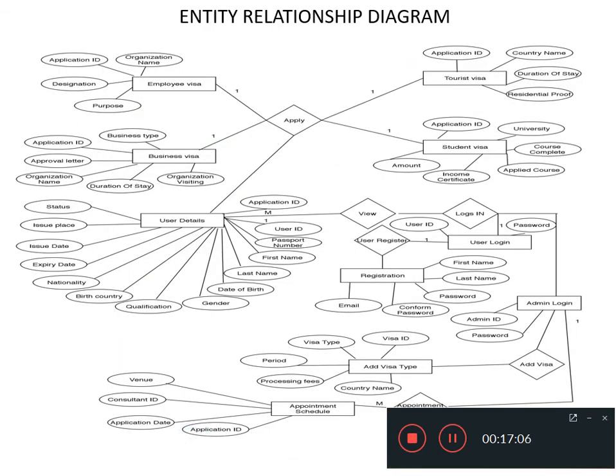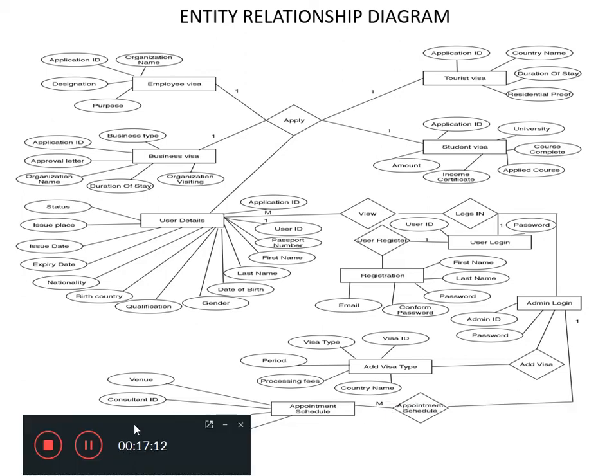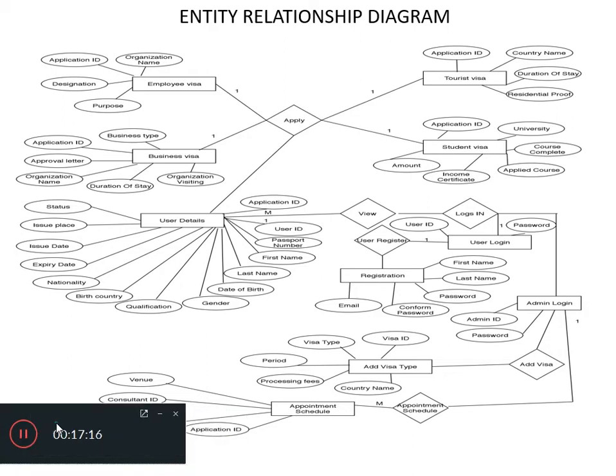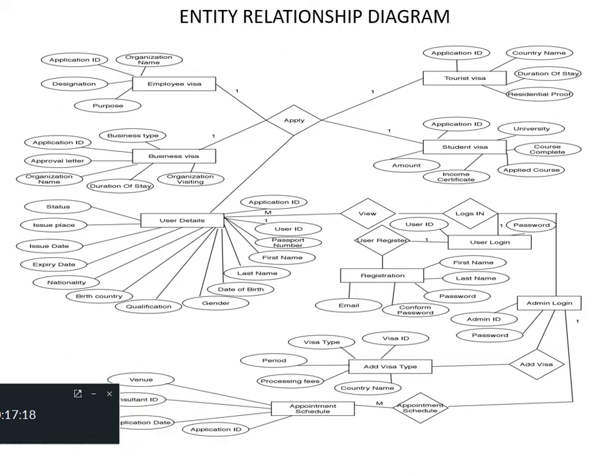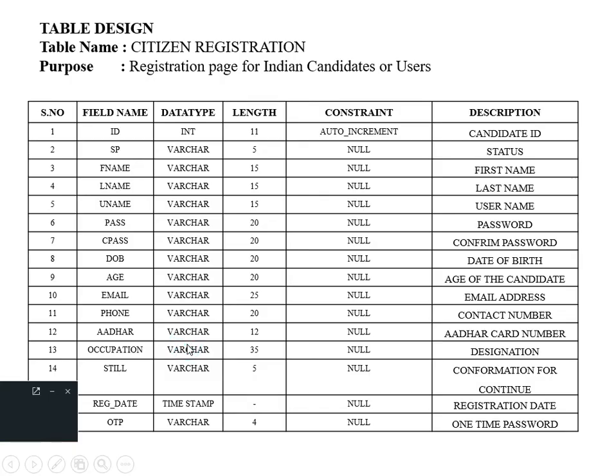This is the detailed entity relationship diagram of my project for your reference. Then this is my table design. Table name: citizen registration, and the purpose of the table as I mentioned here.